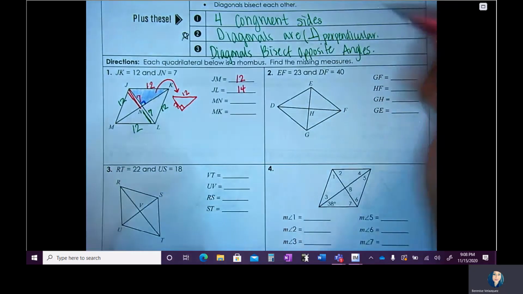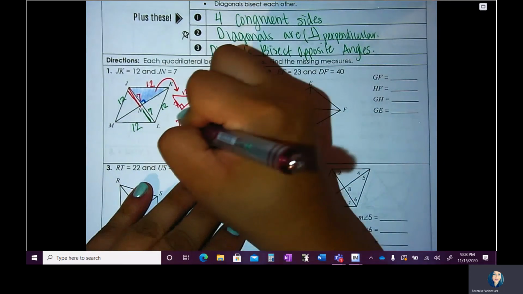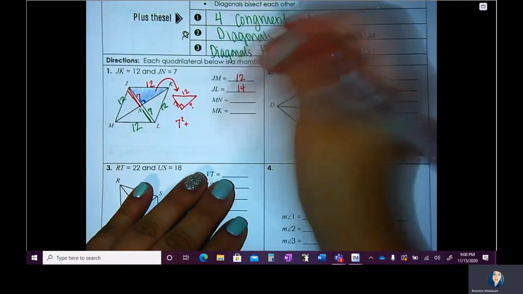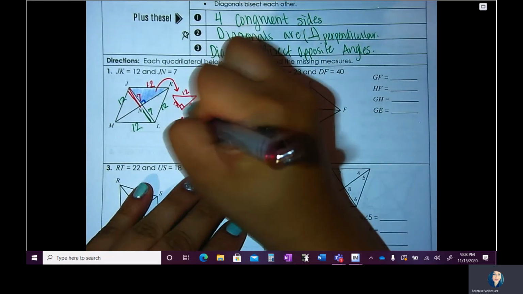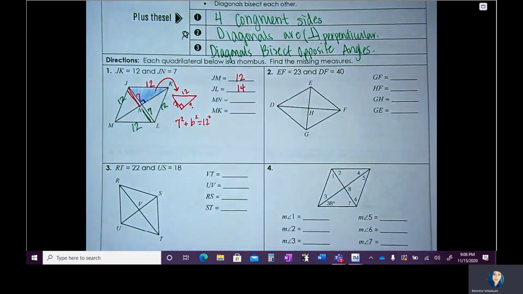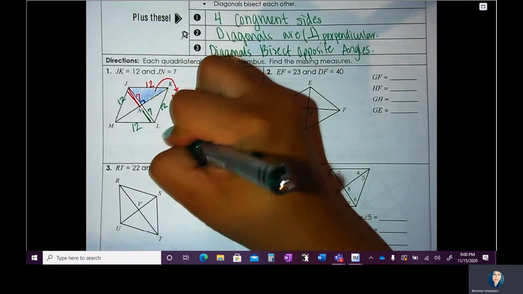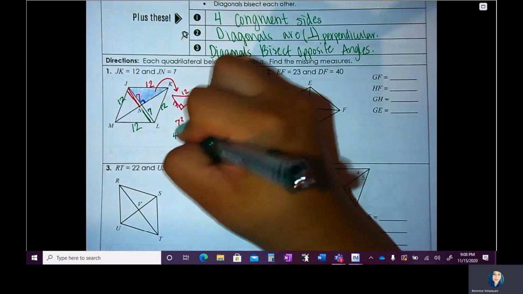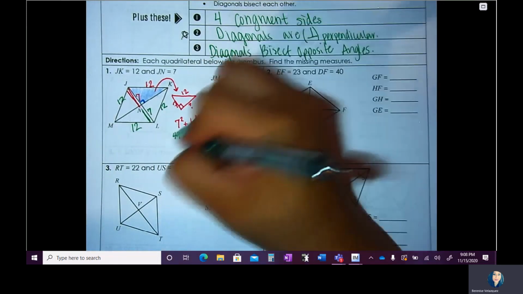Now that I have that triangle pulled out, I hopefully can see the Pythagorean theorem is 7 squared plus b squared is equal to 12 squared, where b is my question mark, the piece I'm going to find here. We already did this math before in the other one, so it should be easier. 7 squared is 49, plus b squared is equal to 12 squared, which is 144.